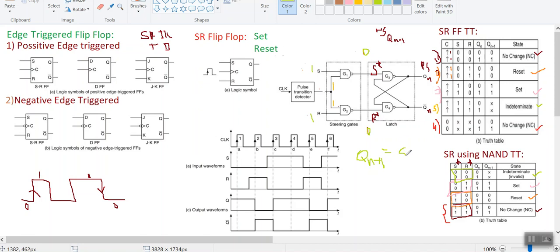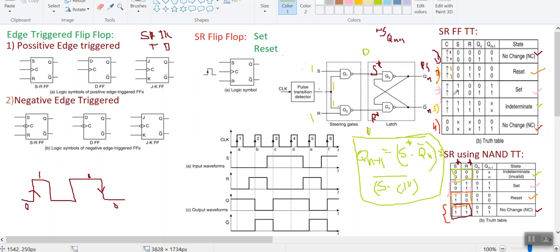One of the inputs is S star, multiplied with the other input Qn complement, and since this is a NAND gate, we take the complement. We have one more NAND gate here, so S is multiplied with clock and the whole thing complemented. By considering this formula we can also get the outputs of these truth tables.